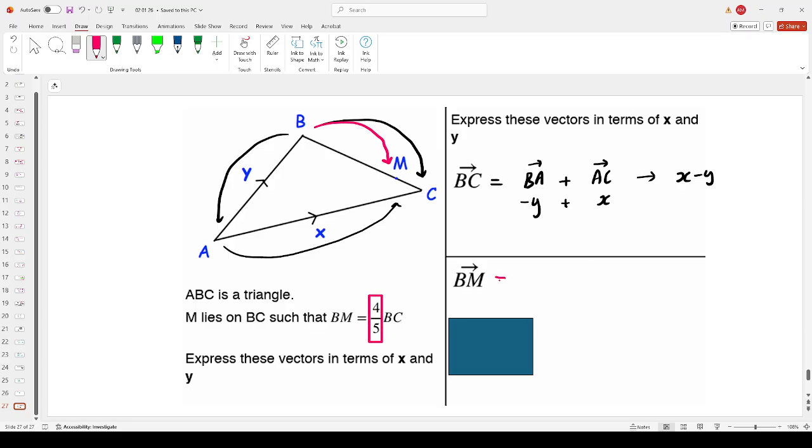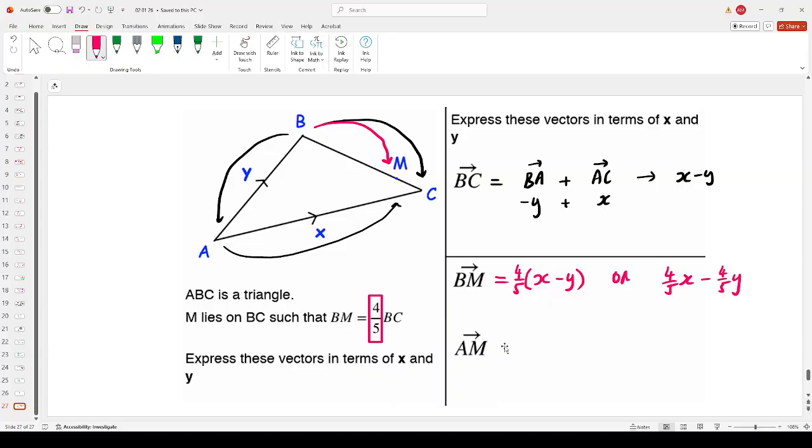So for BM, I just take the answer for BC, which is x minus y, and in front of it, I put a 4/5. And you can leave it like that, or you could have written 4/5 x minus 4/5 y. Let me know in the chat if you're happy with that. Yeah, I agree, Aldian. Okay, should we go for the next one?